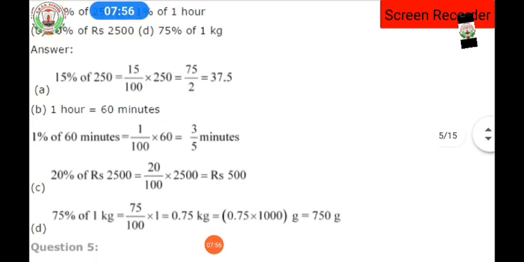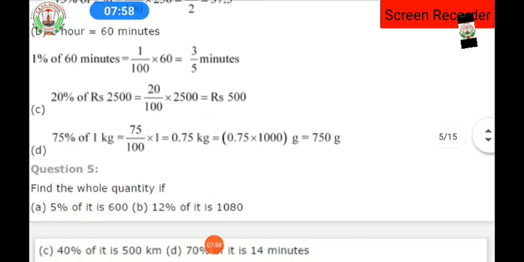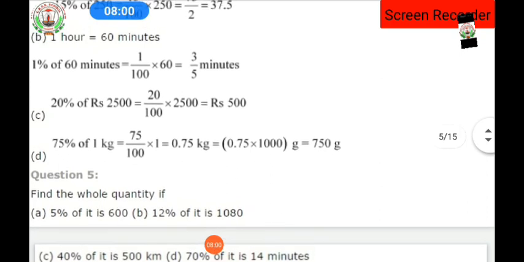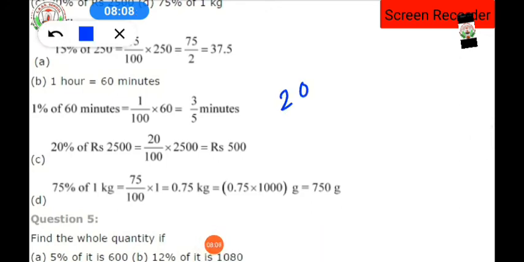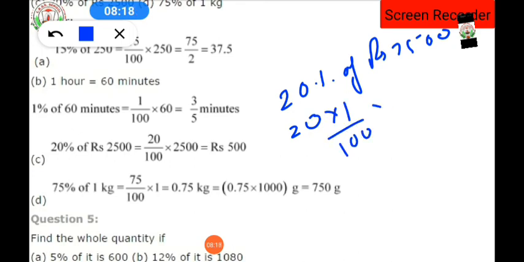Now the C part question. It is 20% of rupees 2500, isn't it? So we have 20% of rupees 2500. So 20%, that means 20 into 1 upon 100, of means multiplication into 2500, isn't it?